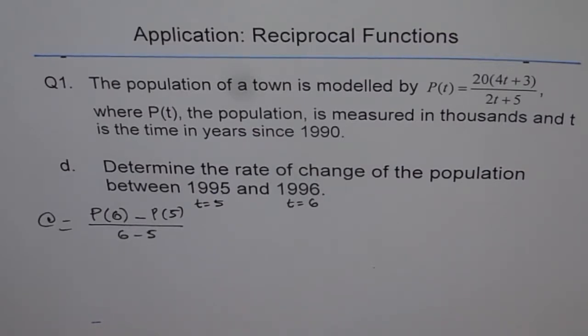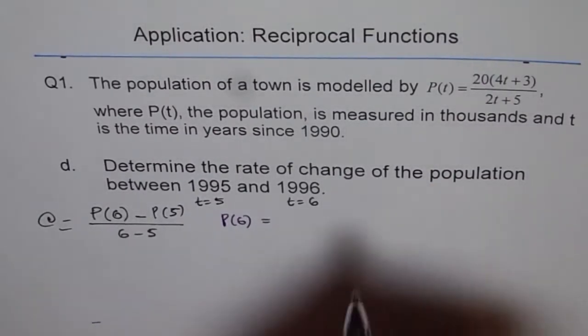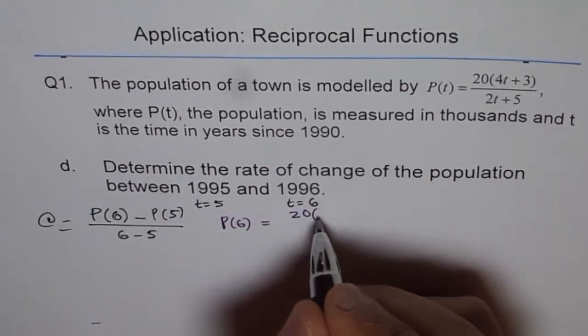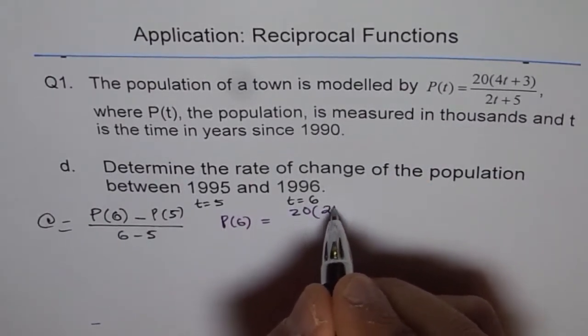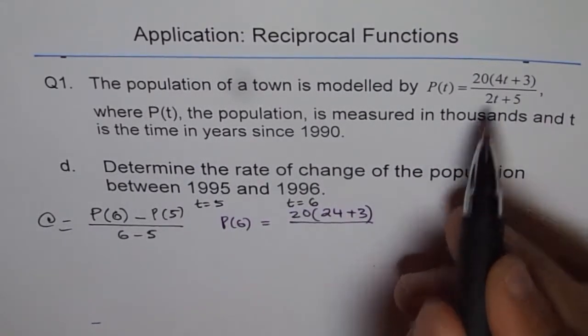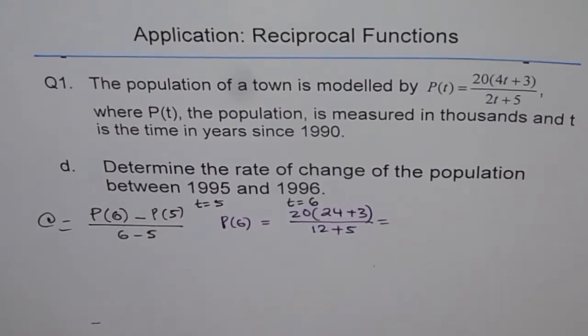So what we will do now is calculate the population P6. P6 for us is equal to 20 times (4 times 6 plus 3) divided by (2 times 6 plus 5), right? 4 times 6 is 24, 24 plus 3, divided by 2 times 6 is 12, 12 plus 5, correct? Then we can use our calculator.